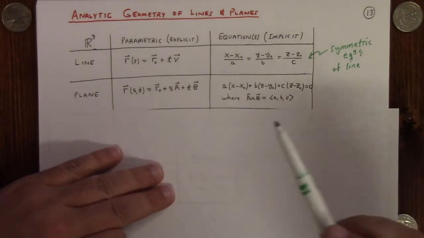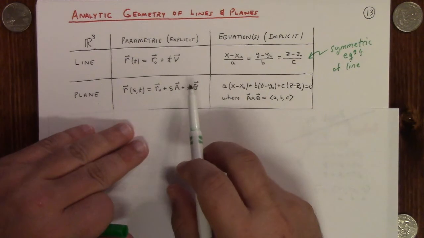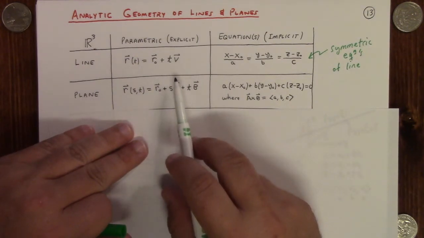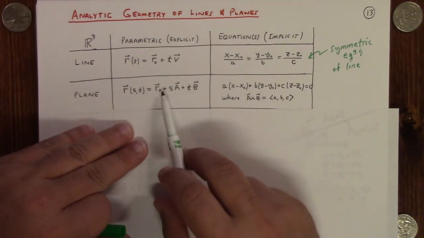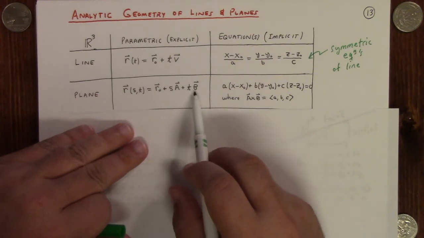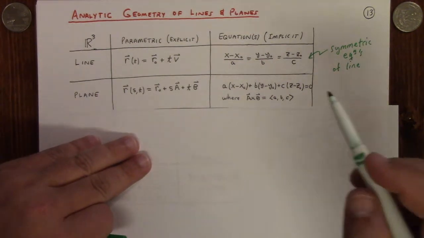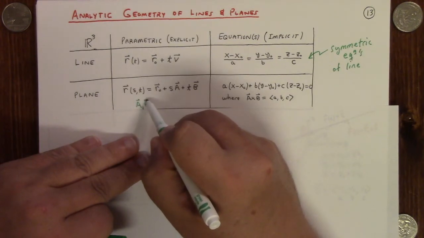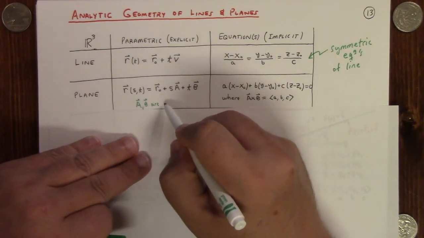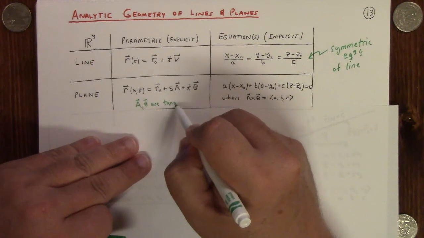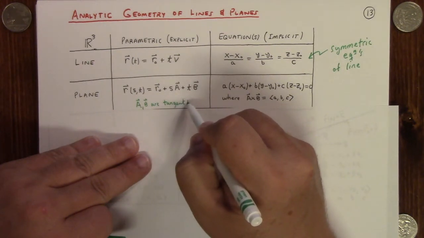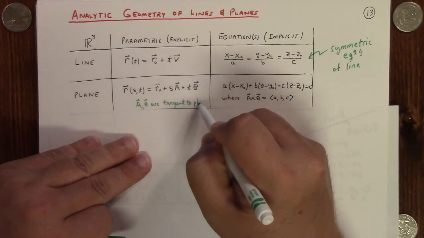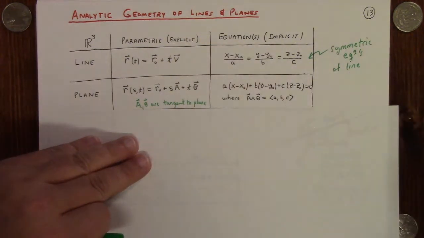And so a plane, from a parametric perspective, we can parameterize the plane by the base point plus s times a plus t times b. Here, a and b are tangent to the plane. Sometimes we'll say that they lie in the plane, all right?